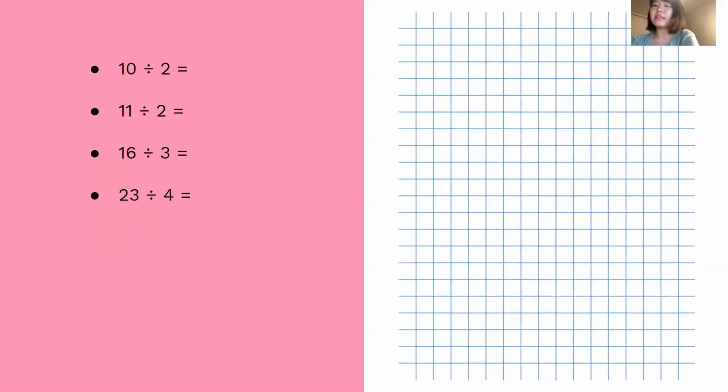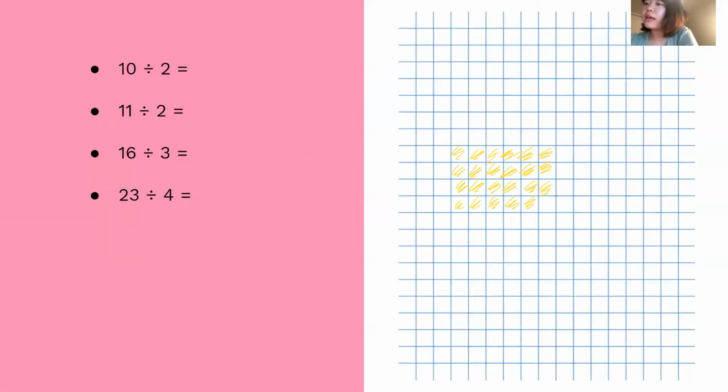Okay, and let's see the last one. 23 divided by 4. Okay, we already know 4 in one group. So let's see how many groups we can get to 23. We have 1, 2, 3, 4, 5, 6, 7, 8, 9, 10, 11, 12, 13, 14, 15, 16, 17, 18, 19, 20, 21, 22, and 23.